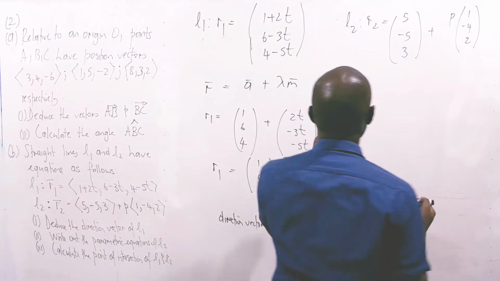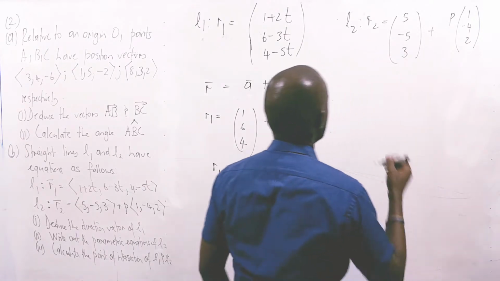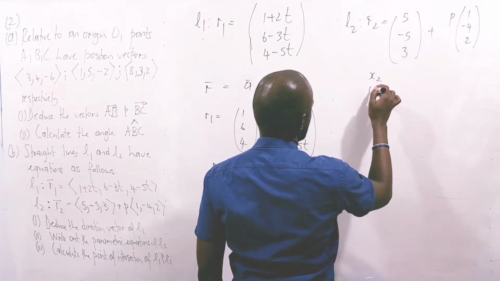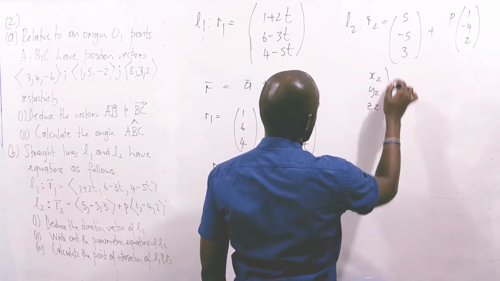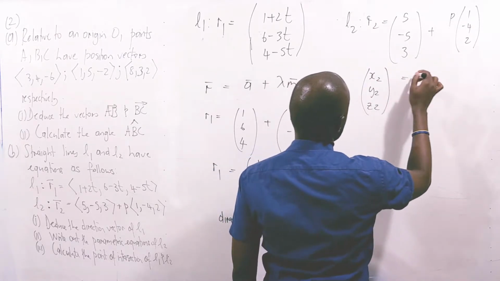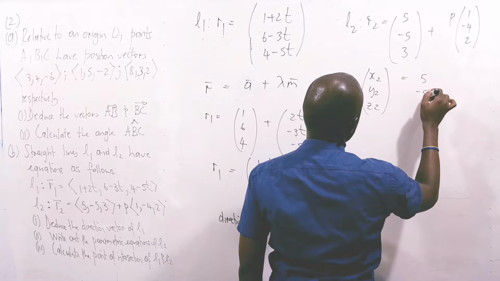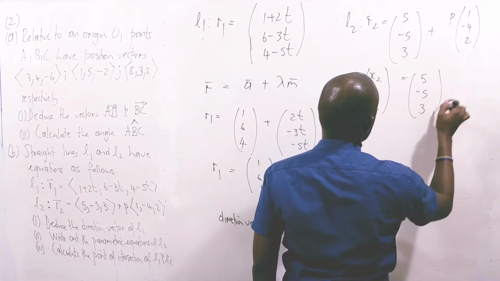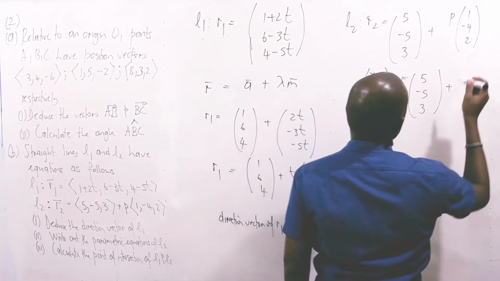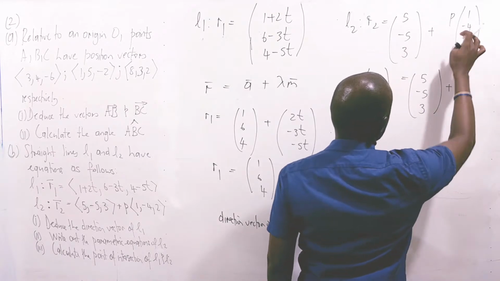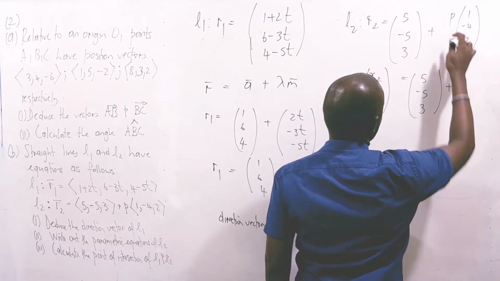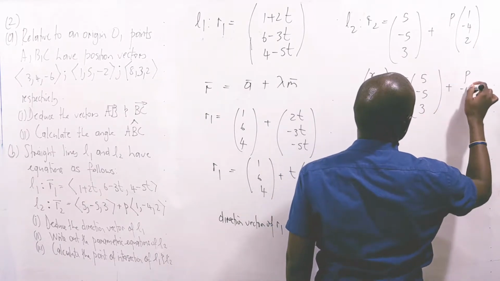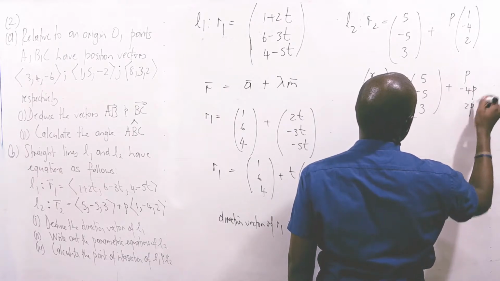Now we can represent R2 by a general point, x2, y2, z2, and this would be equal to (5, -5, 3) plus, if we multiply the terms inside the column vector by p, (p, -4p, 2p).